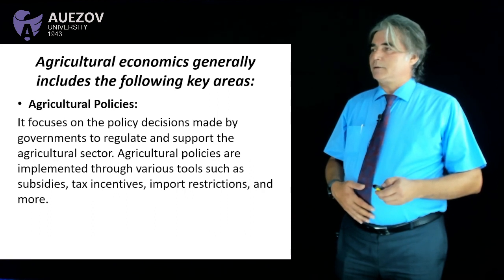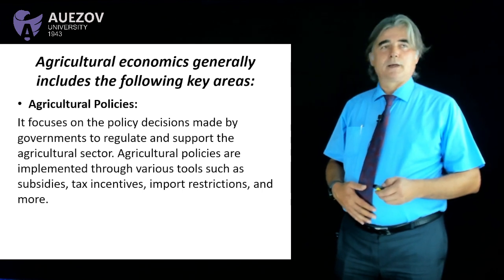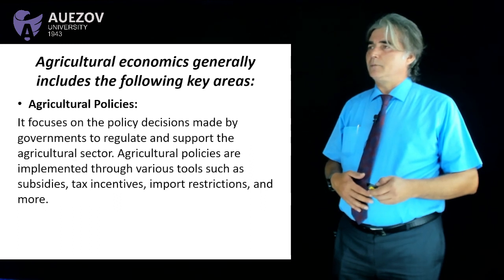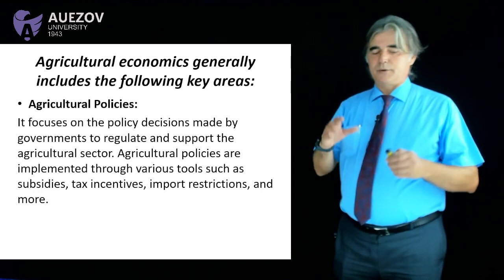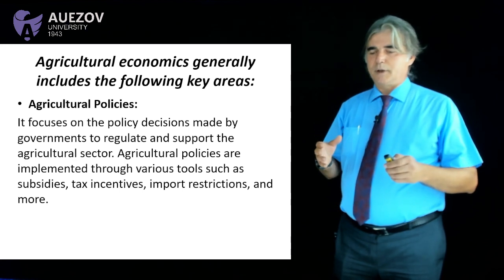Agriculture policy is also important because governments try to regulate and support the agriculture sector, for different reasons. Generally, income in agriculture farms is very low compared to the national average per person income.